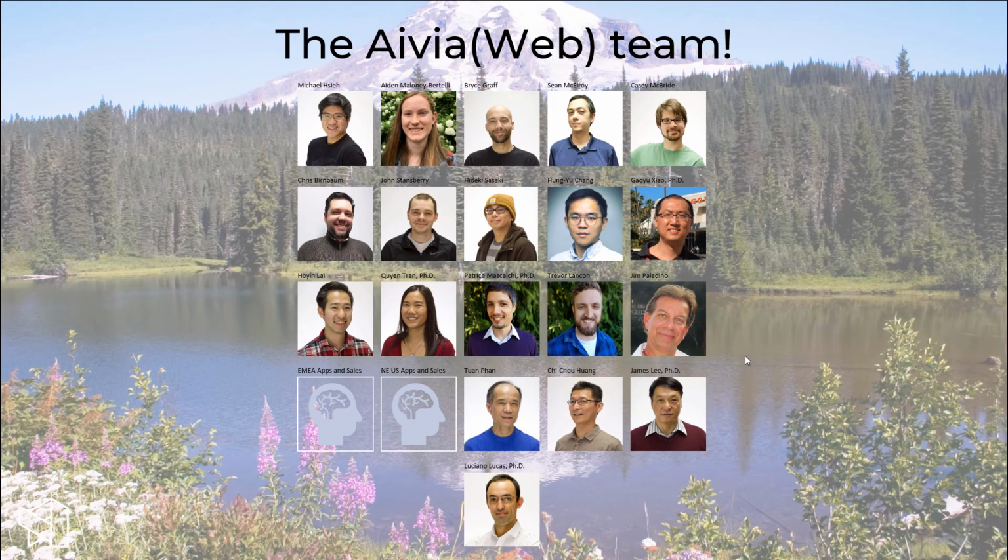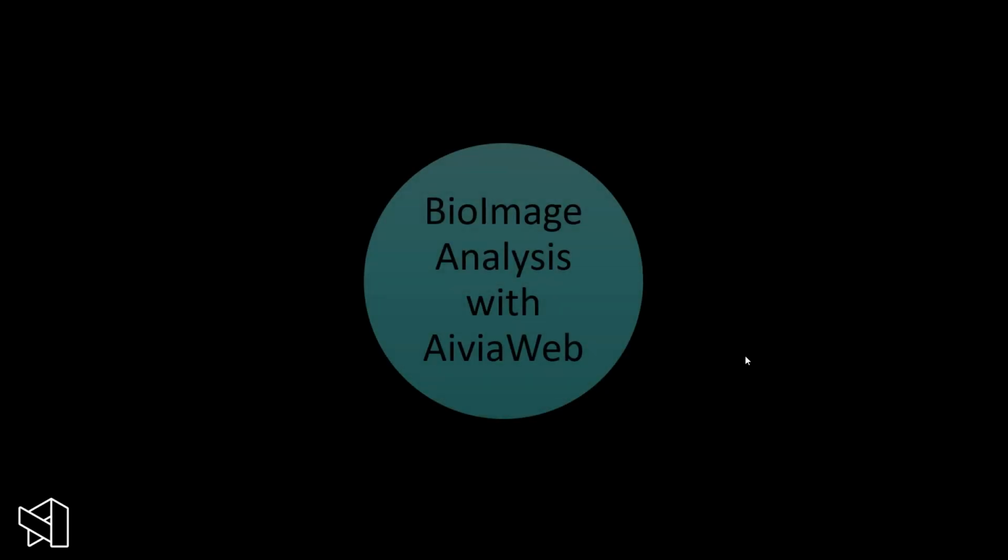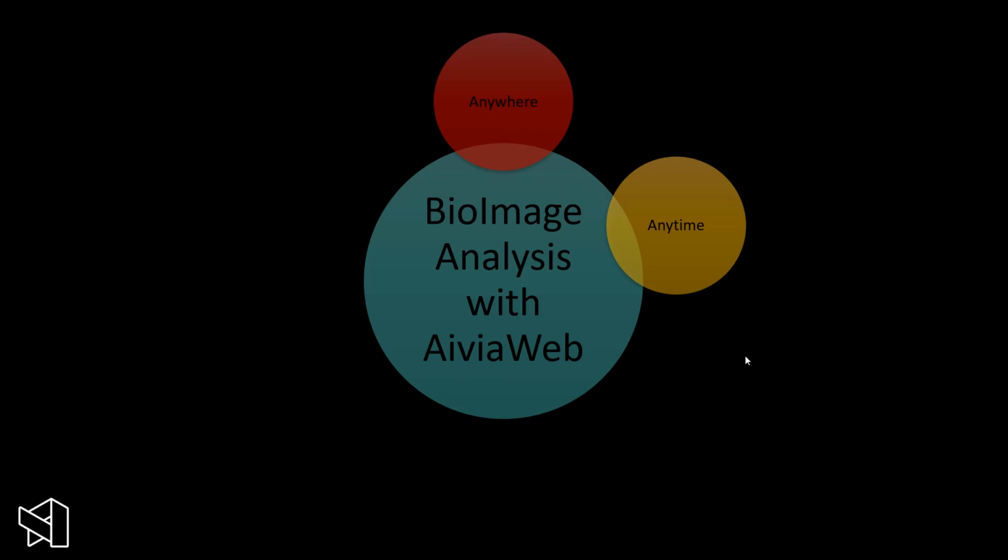In conclusion, Aivia Web is an ideal partner for anybody doing bioimage analysis, and it can be used from anywhere at any time. And we have decided to include all of Aivia's functionality in Aivia Web, so it's a fully featured tool.